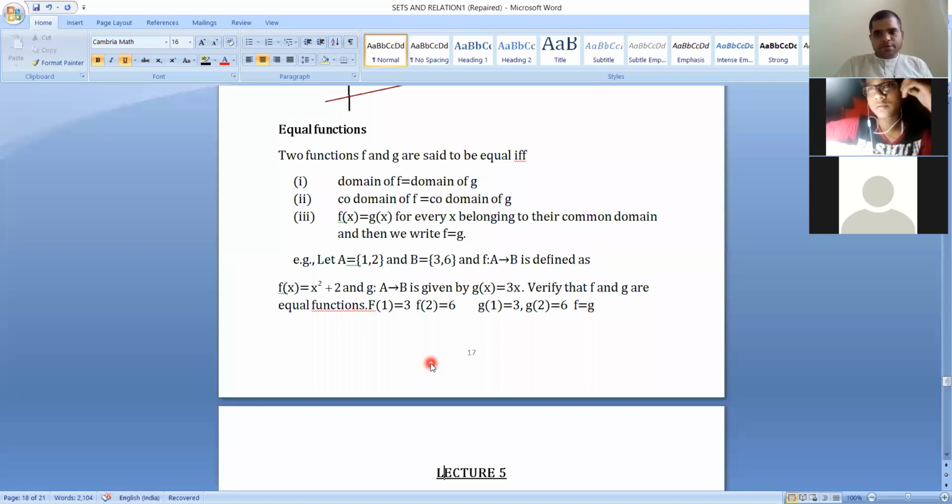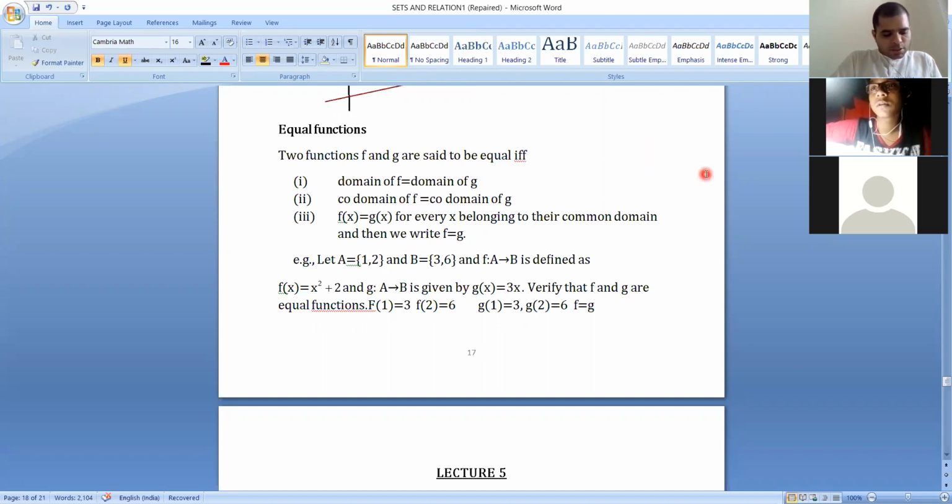Assignment 5, question 3. It is showing disabled attendee screen sharing. Or else we can also share. I have the question in my book, but you should have the question with you.